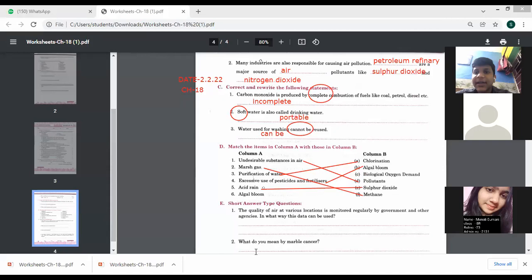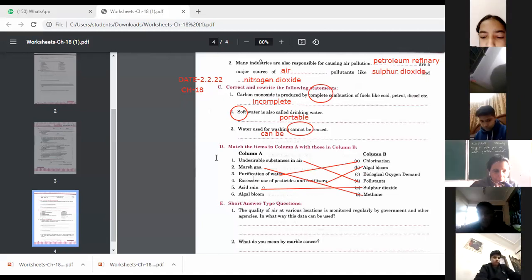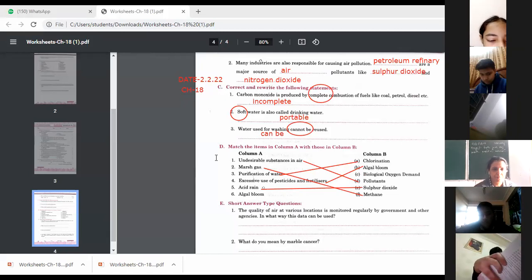Next is, what do you mean by marble cancer? Ma'am, the corrosion of marble is known as marble cancer. Okay, Sarthak? Ma'am, marble cancer suspended particulate matter such as soot particles emanated by Mathura oil refinery.